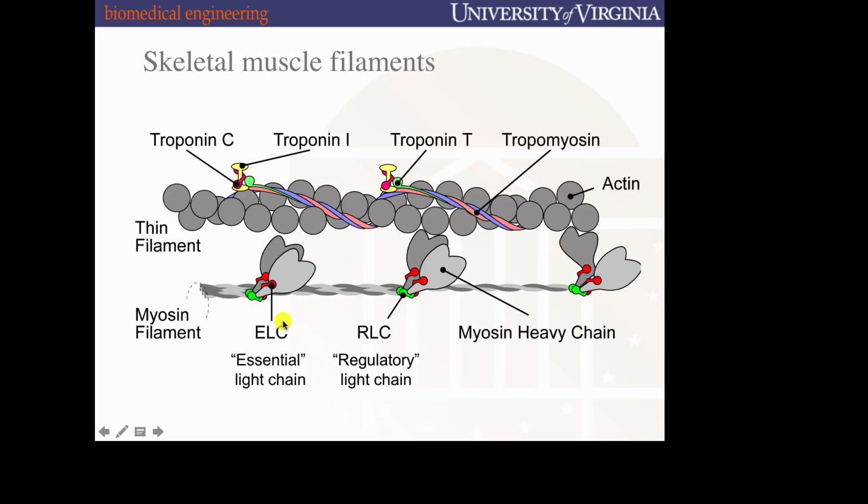The essential light chain, the ELC, is essentially a structural protein that positions the head domains in a certain configuration. And the regulatory light chain is just what it sounds like. It's the subunit or the chain of myosin that will facilitate the activation of myosin.